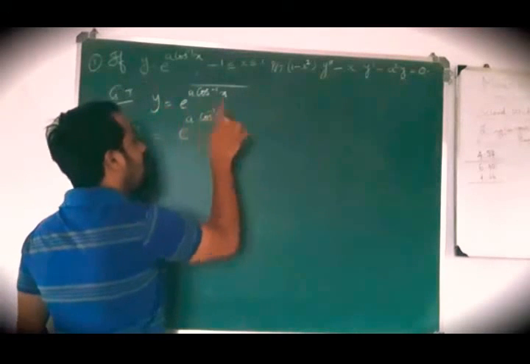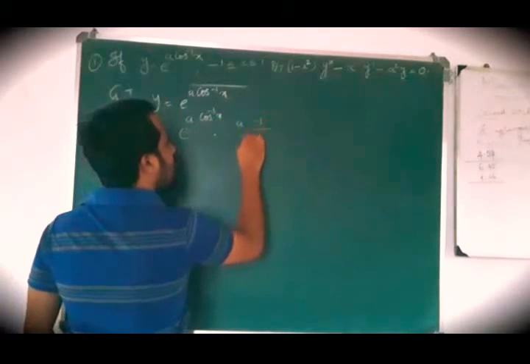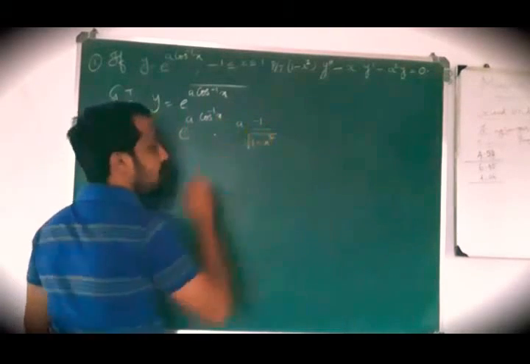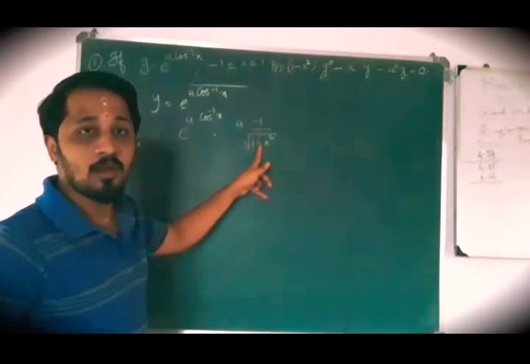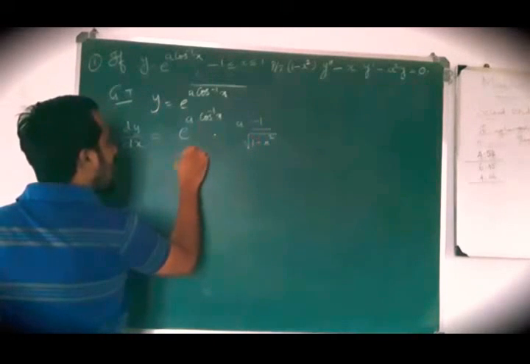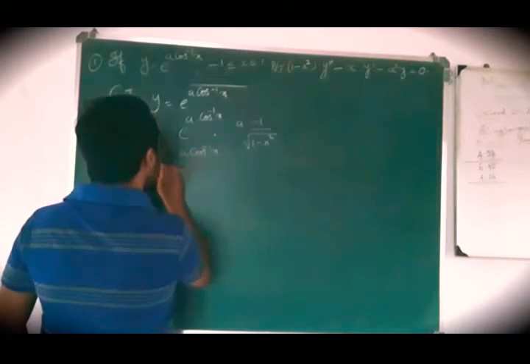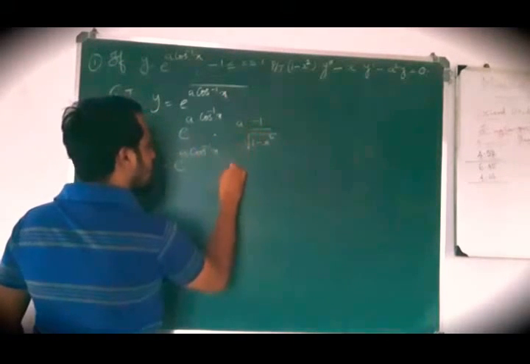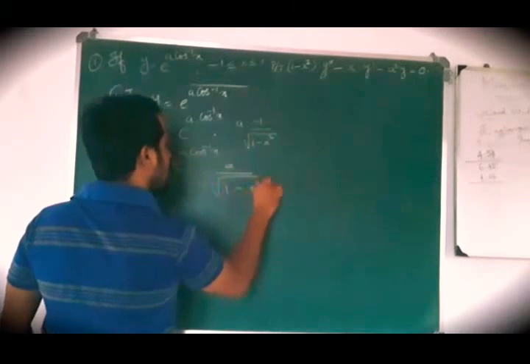So the derivative of a into cos inverse x is a into minus 1 by root of 1 minus x square. Yes or no? The derivative of cos inverse x is minus 1 by root of 1 minus x square. So e power a cos inverse x into minus a divided by root of 1 minus x square.